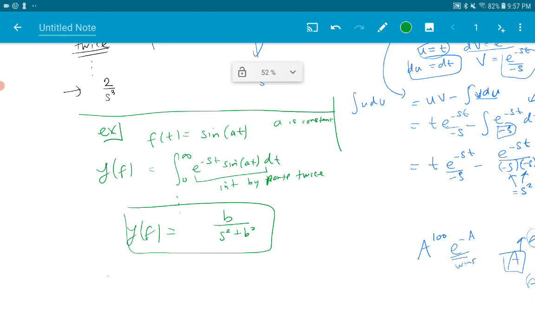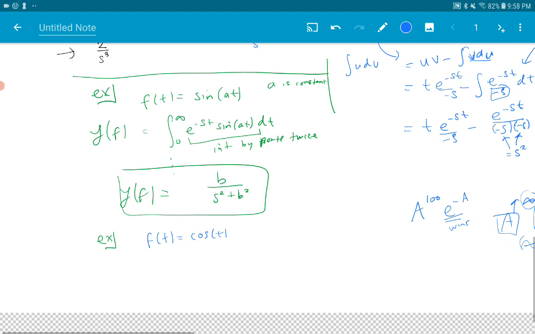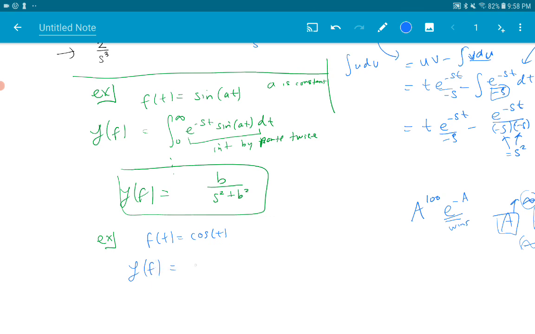We'll add that in a second, but before we add it, let's do another one. Let me change colors here. The other one, as you could expect, would be f of t equals cosine of at. It's the same technique to compute the antiderivative of e to the negative st times cosine of at dt.